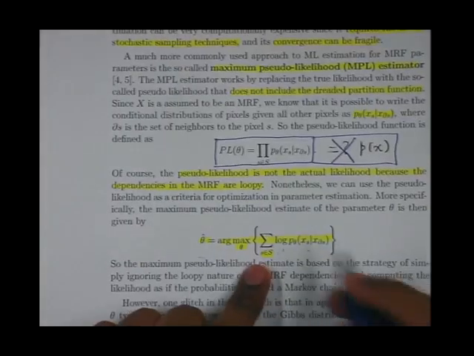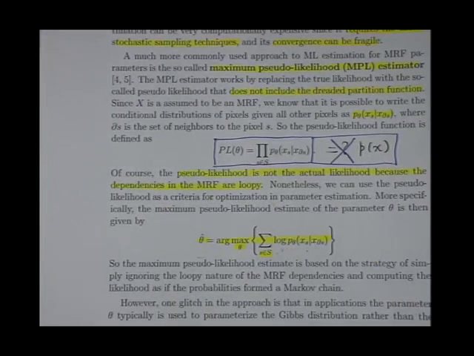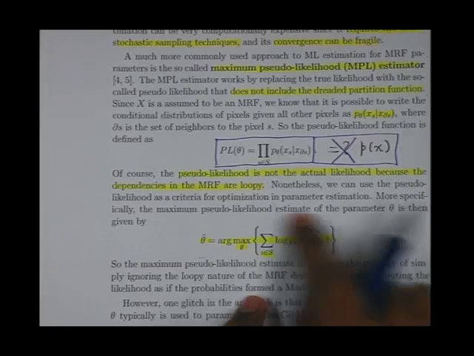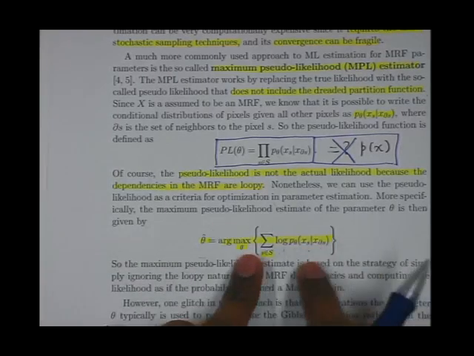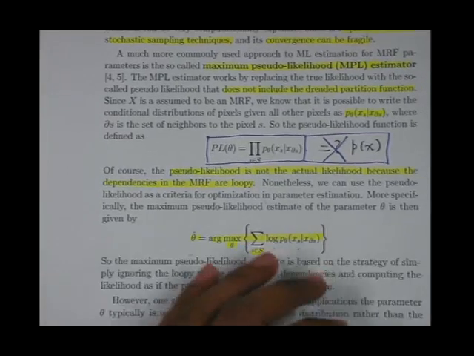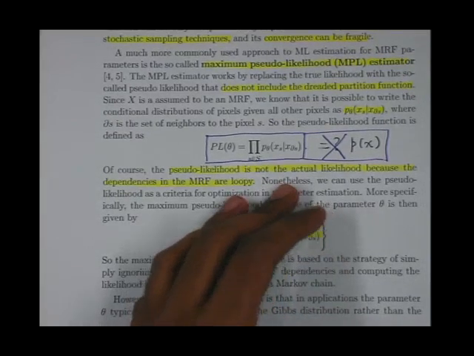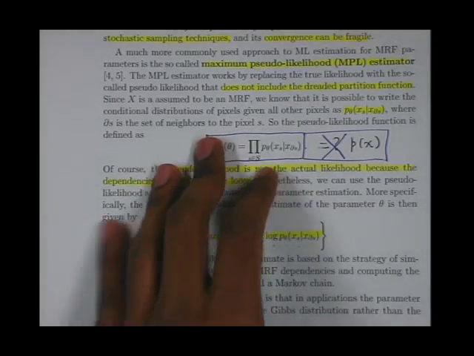Now, one of the subtleties that you have to be careful about is that in general the parameter theta is associated with the original Gibbs distribution. So you can do this maximization, but you need to express this in terms of the original Gibbs distribution that we started out with. Because if I give you a set of conditional distributions and you simply multiply them, it need not really match any global behavior of the random field.